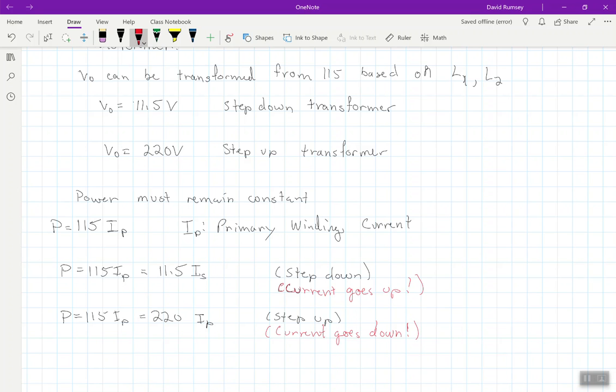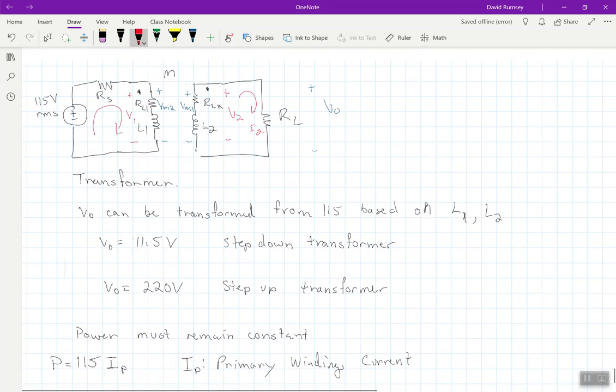It's possible it could be something else, but usually it's the transformer that's heating up, causing that heat on those power supplies. And so your power is not actually changing, but my current can go up or down depending on whether I'm stepping the voltage up or down.